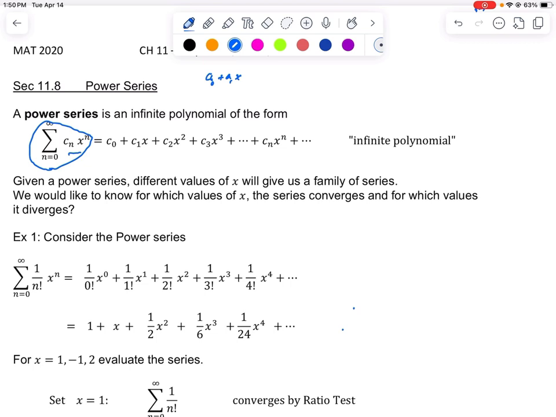Usually we write it as ax plus b, but we can write it with a_0 and a_1.